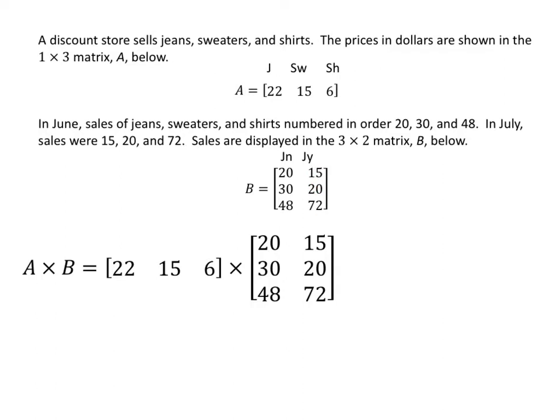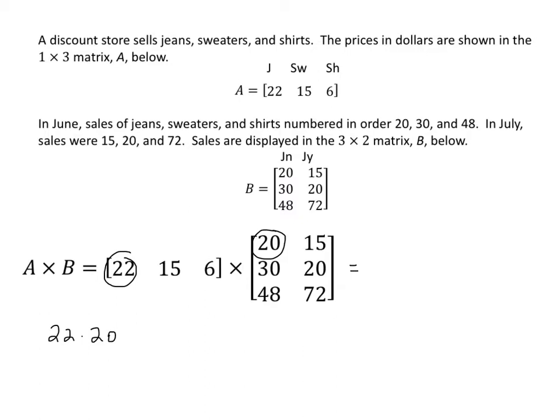I can use multiplying matrices as a way to figure out what the total sales were for each of the months, June and July. So when I multiply these matrices, essentially what I'm going to do is say the price of jeans times the number of jeans I sold in June. So that's 22 times 20.